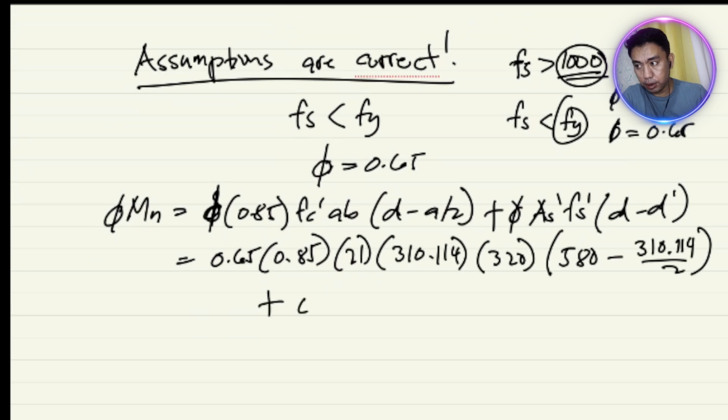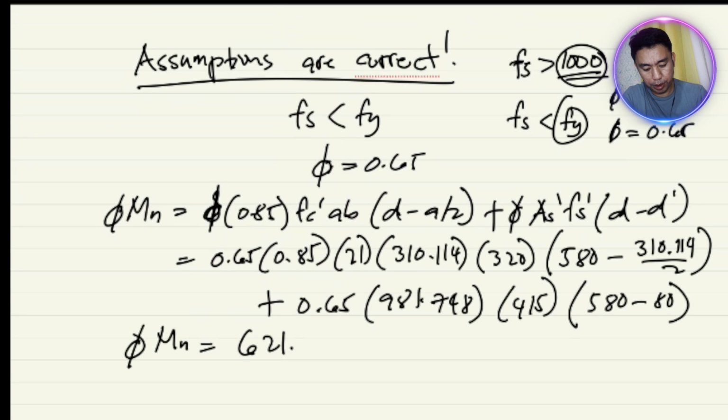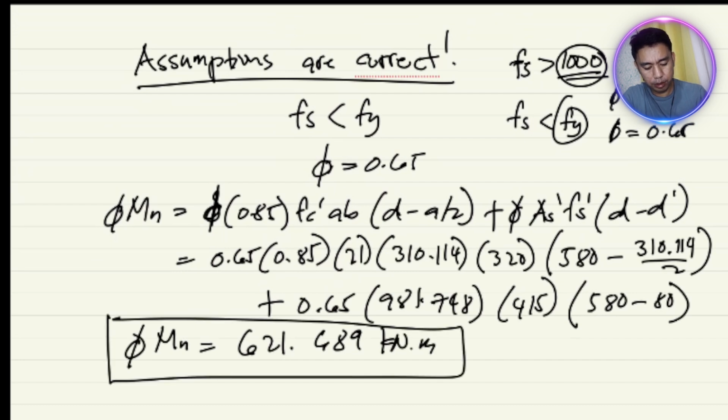Then plus 0.65 times 981.748 times 415 times 580 minus 80. This is 621.689 kilonewton meter. Okay?